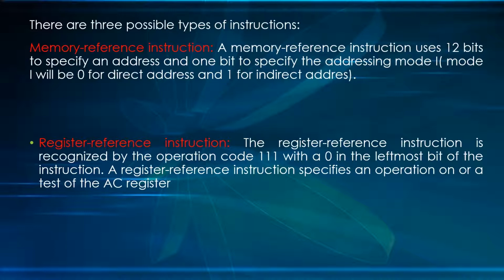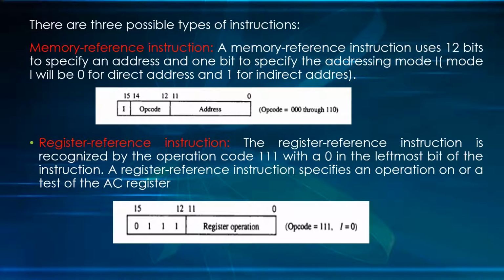1. Memory reference instruction. A memory reference instruction uses 12 bits to specify an address and 1 bit to specify the address mode I. That is, mode I will be 0 for direct address and 1 for indirect address. 2. Register reference instruction. The register reference instruction is recognized by the operation code 111 with a 0 in the leftmost bit of the instruction.